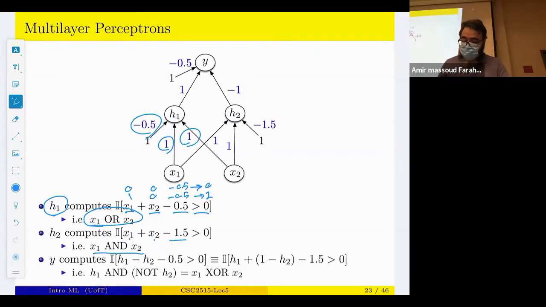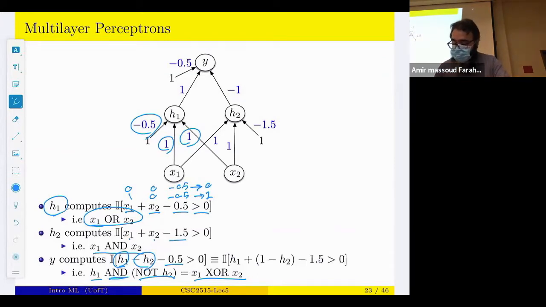Now, to solve XOR, we want to compute X1 XOR X2, which can be written as H1 and not H2, and that would be written as H1 minus H2 minus 0.5. And we know how to do it.